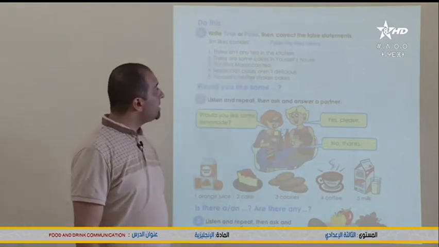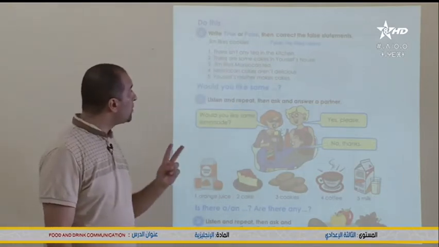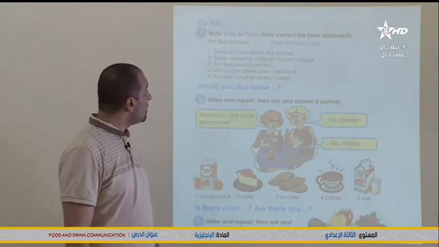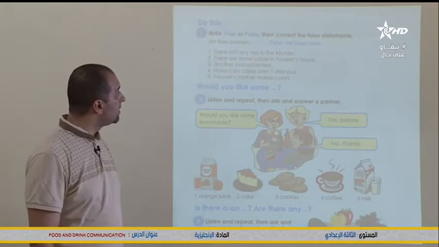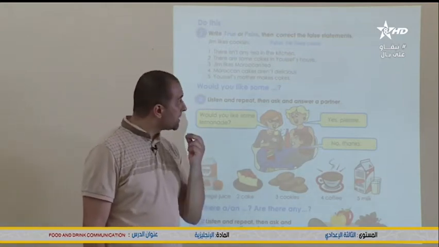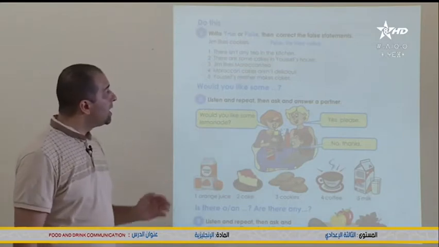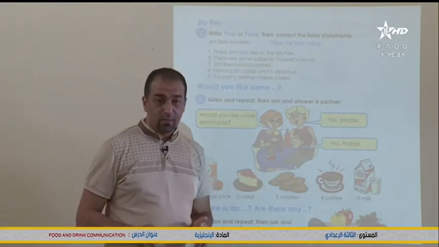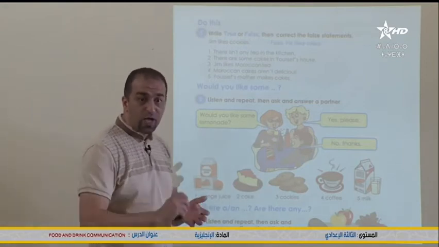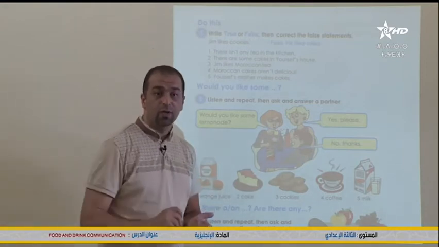There isn't any tea in the kitchen. Number 2. There are some cakes in Yusuf's house. 3. Jim likes Moroccan tea. 4. Moroccan cakes aren't delicious. 5. Yusuf's mother makes cakes. Makes, that is, prepares. Now, you have 3 minutes to answer the exercise in your copybooks.